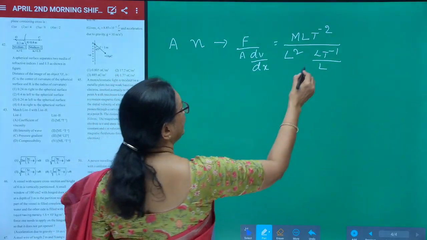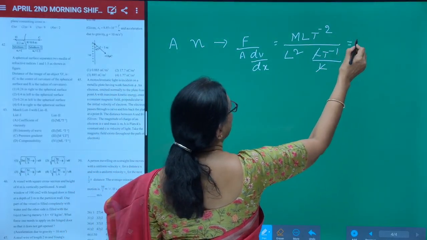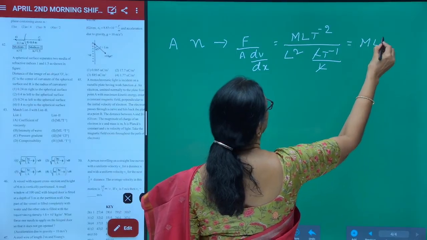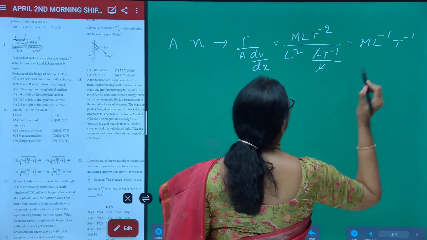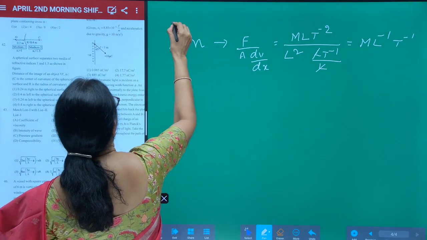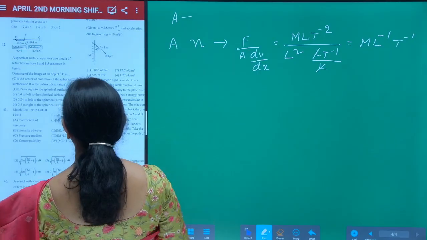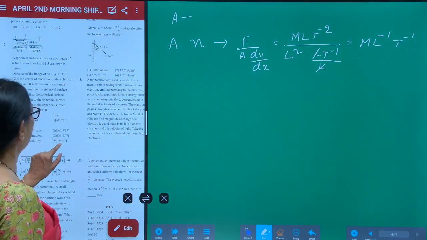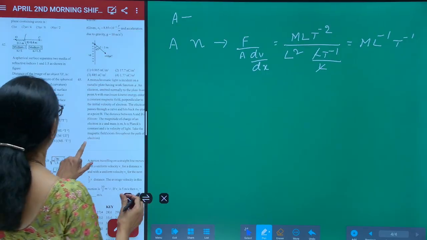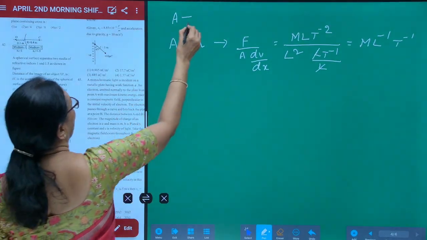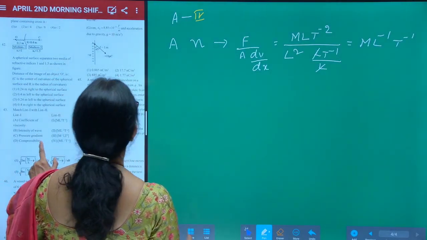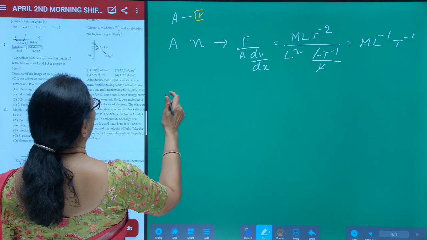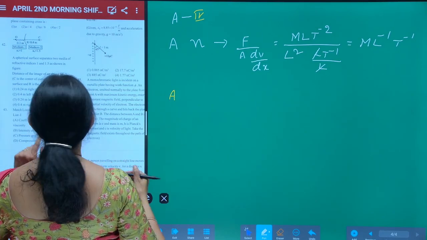So, this becomes m L to the power of minus 1, t to the power of minus 1. So, for A, the correct option is m L to the power of minus 1, t to the power of minus 1, it is 4.